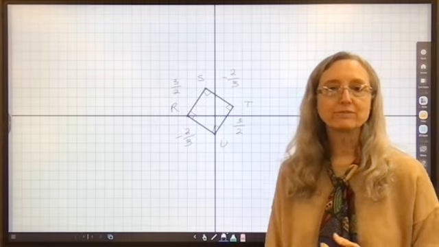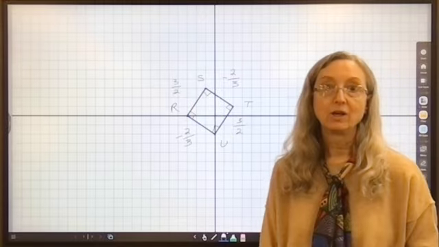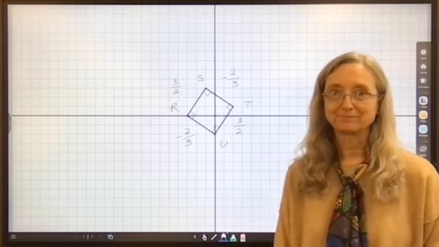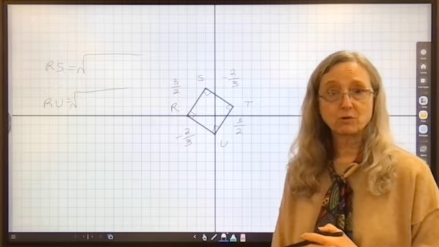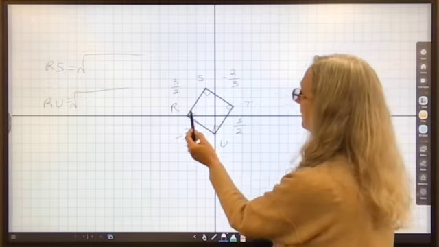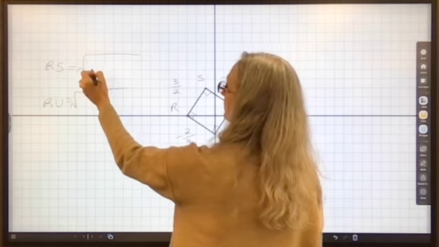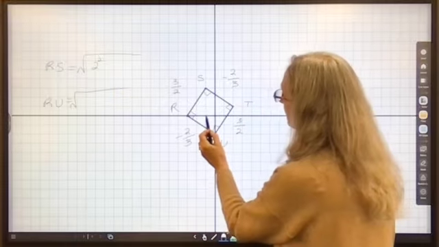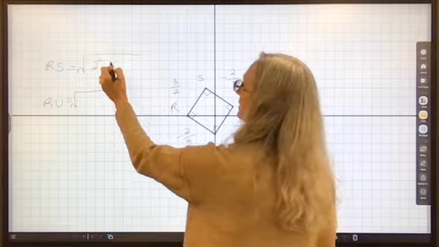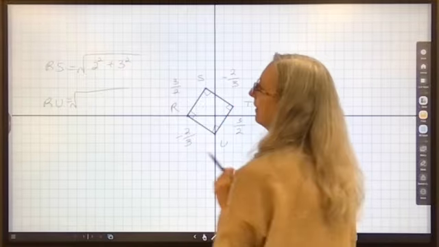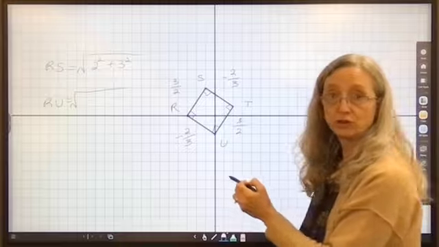I don't have to find the lengths of all 4 sides, just 2 consecutive sides will be enough. So let's start with using the distance formula on RS. The difference between my x's is 2, so that's 2 squared, plus the difference between my y's is 3, so that's plus 3 squared, and I'm just going to leave it like that. Now I'm going to do the same thing with RU.